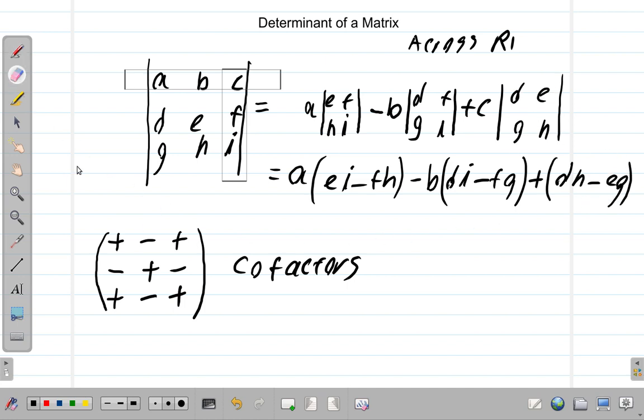Good. Let's erase the cofactors to make space.